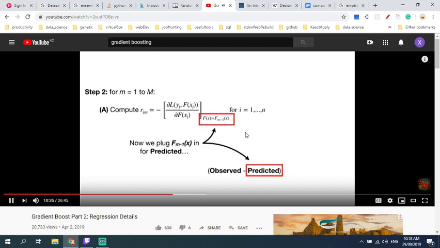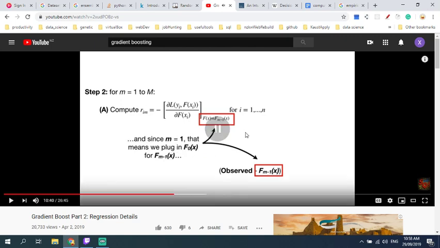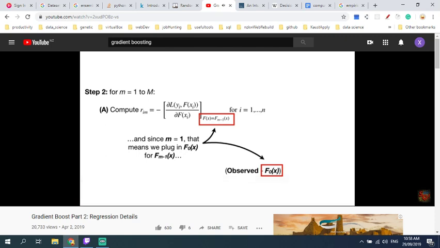Now we plug f sub m minus 1 of x in for predicted. And since m equals 1, that means we plug in f sub 0 of x for f sub m minus 1 of x.